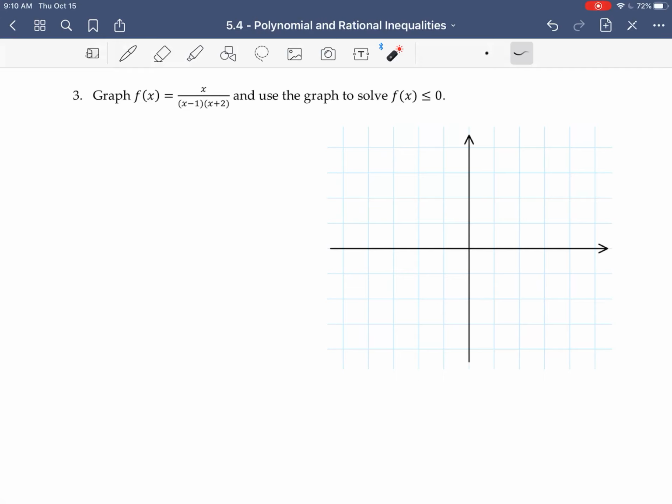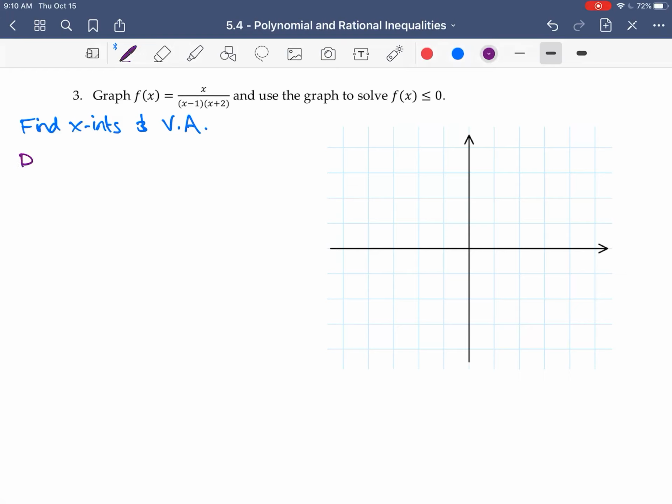So the first thing we want to do is find the x-intercepts and the vertical asymptotes. We want to sketch here, because we're using method 1, which is the graph.